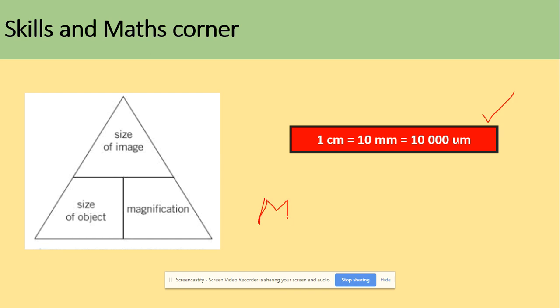My only tip for magnification is whatever you measure with the ruler divided by real. So measure the given picture with the ruler, convert the units to micrometers, and then you can work out, for example, the real size by dividing whatever you measure with the ruler by the given magnification. That's the easiest way of doing any question with magnification.